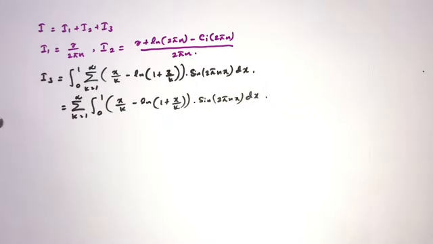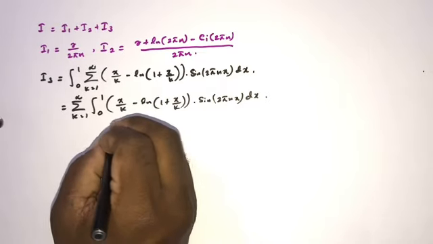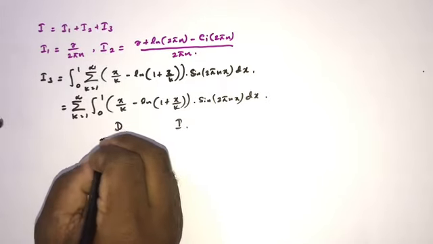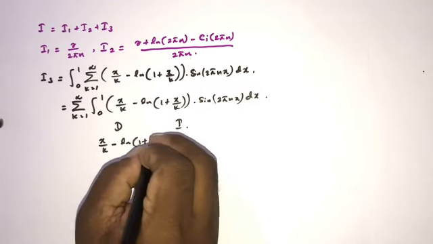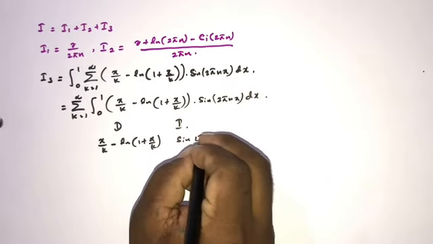Well, now we have a product of two functions, so we can apply the DI method. I'm going to take x over k minus natural log of 1 plus x over k, and sine of 2 pi nx.